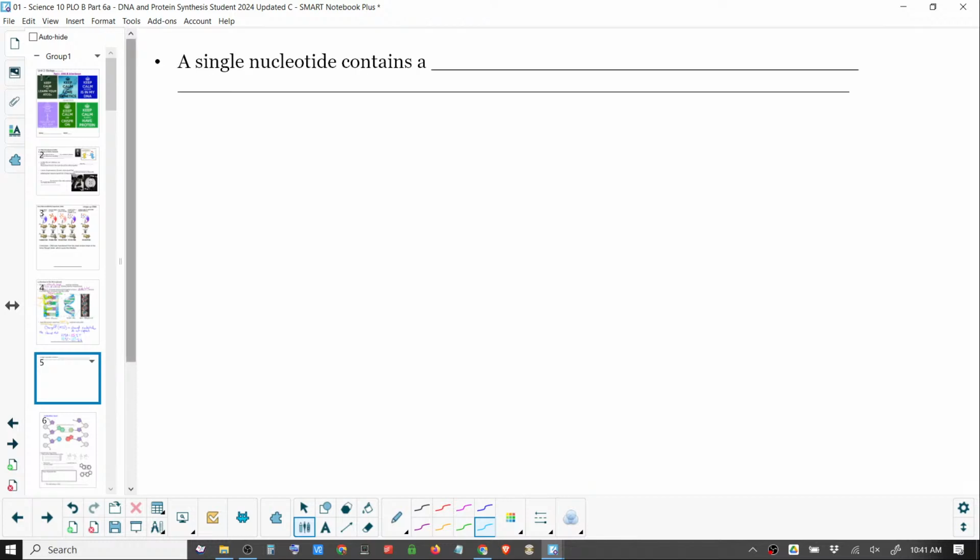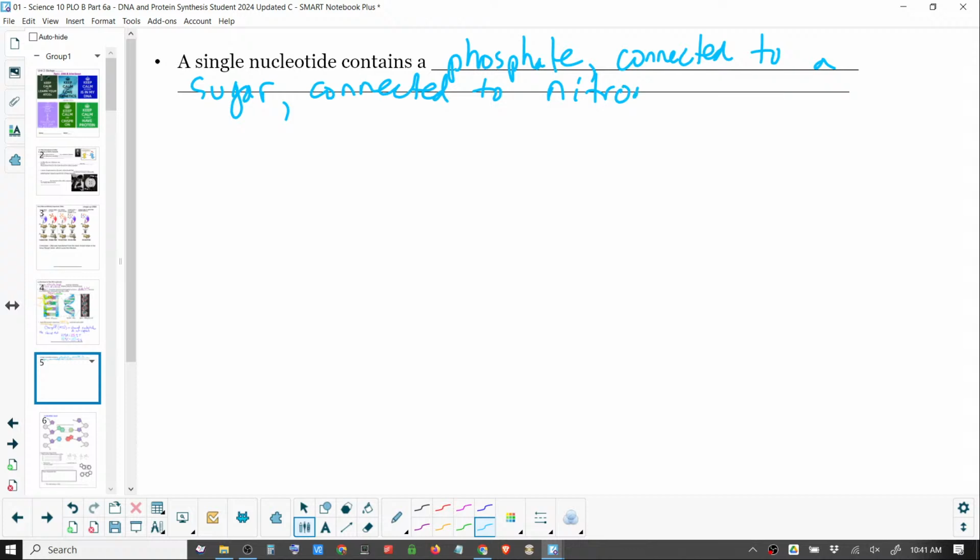A single nucleotide contains a phosphate connected to a sugar, connected to a nitrogenous base. And we're going to draw one of them.